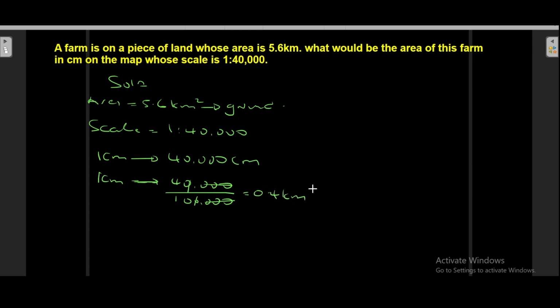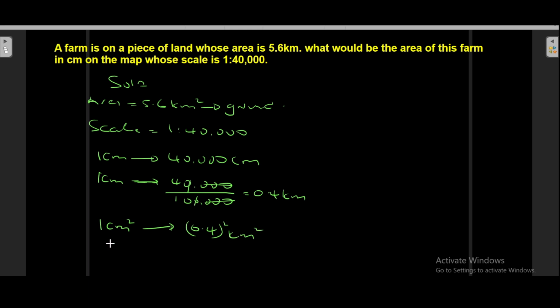That means 1 centimeter is 0.4 kilometer. Now, if you want 1 centimeter squared, it will simply mean that you're going to have 0.4 squared kilometer squared.